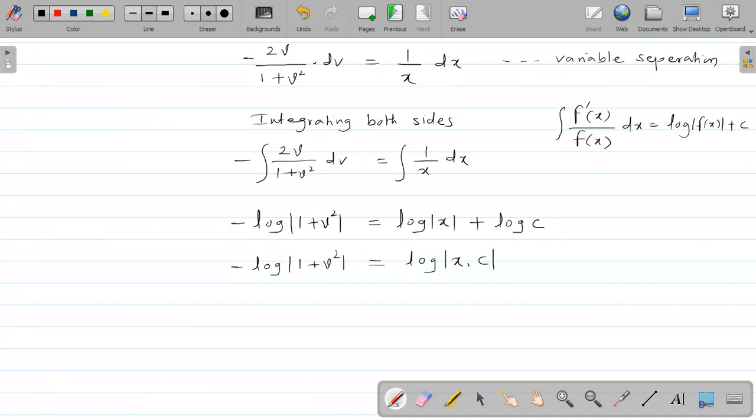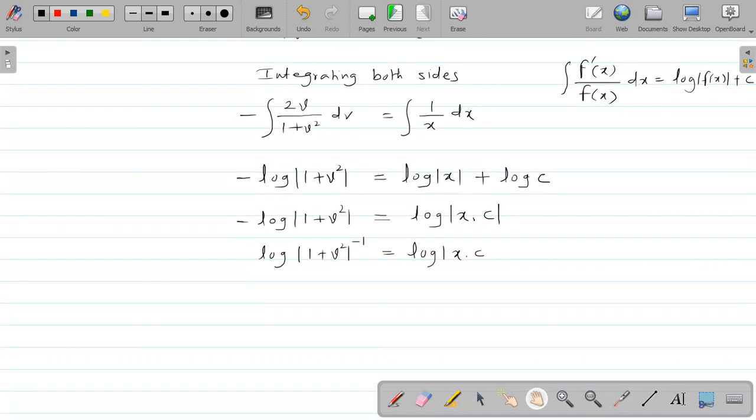Now comparing both sides, first of all I will write this minus sign here, then I will compare. So it will be log of (1 plus v square) raised to minus 1 is equal to log of x into c. That's why what will you get here? We get (1 plus v square) raised to minus 1 is equal to x into c.